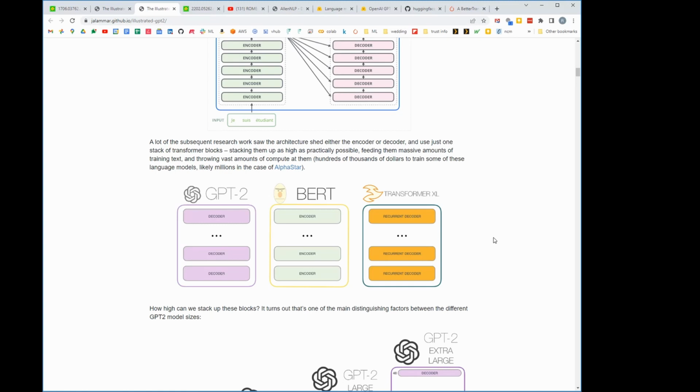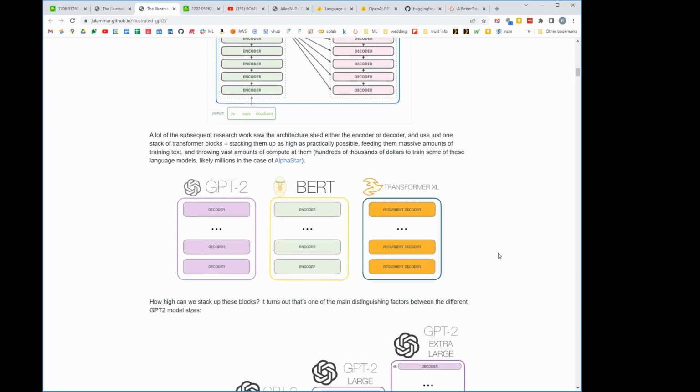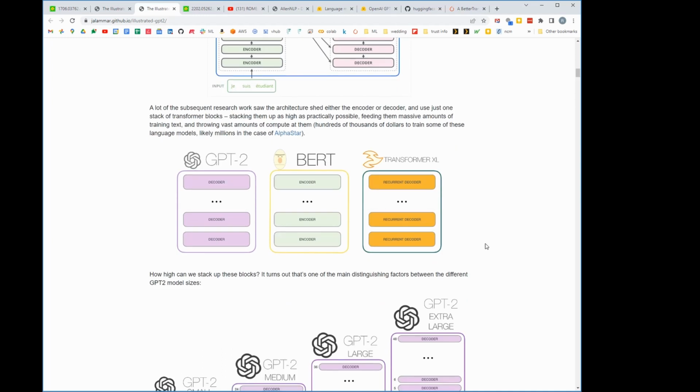Each time you add another token, they don't recalculate the whole stack for all the tokens. Since the last token cannot affect the state of the prior tokens, they don't regenerate all the hidden states. They just allow the stack to attend to the previous hidden state. So it makes it more efficient. You don't have to compute the whole thing every time.